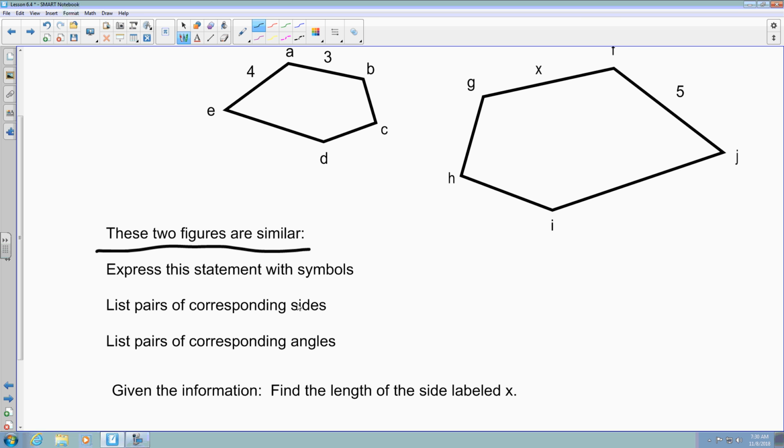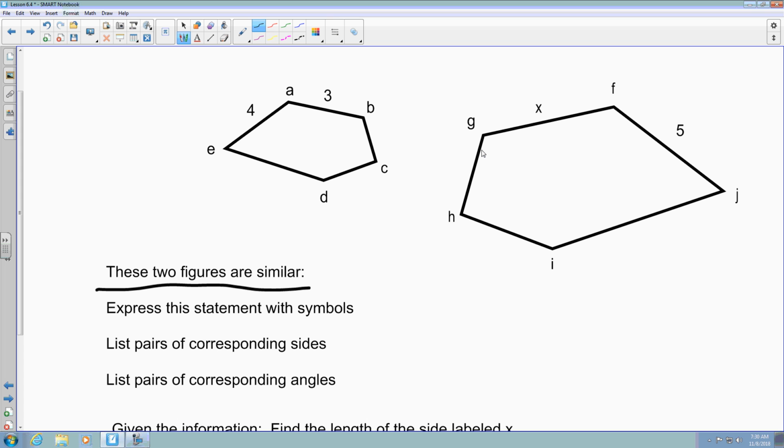All right. So looking at this, going with the corresponding sides first, it looks like I got AB as one side, line segment AB, and it looks like this and this go together. So it looks like FG is corresponding to AB. The next one I got here and here.